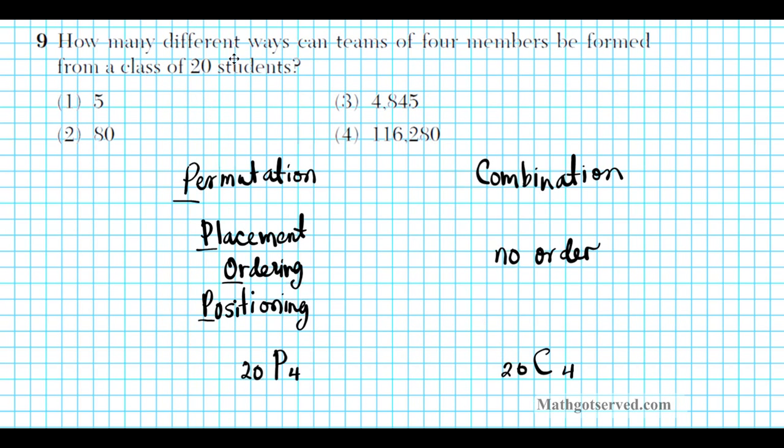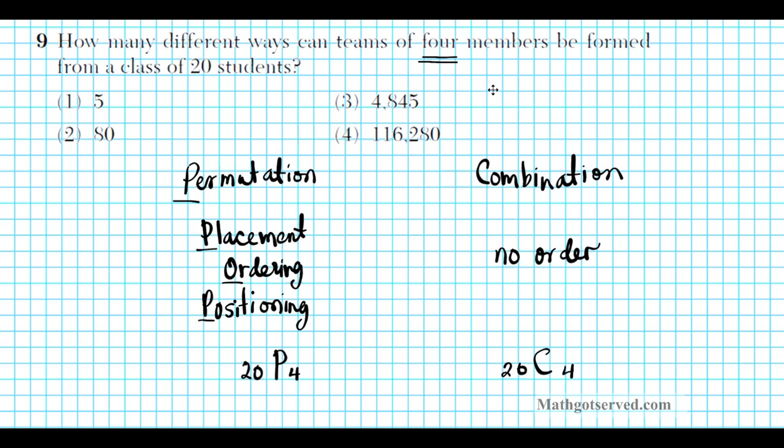All you have to do is read the problem carefully and closely. You're selecting 4 members. Are they being arranged in any particular format? The answer is no. There is no order in which these 4 members are being arranged upon selection.